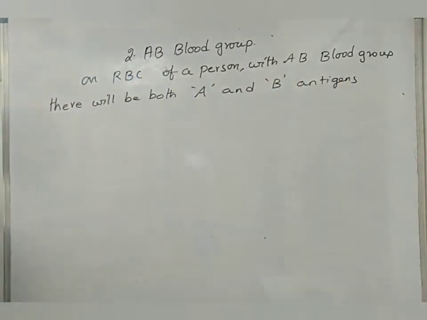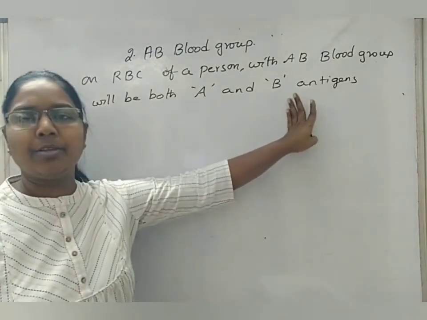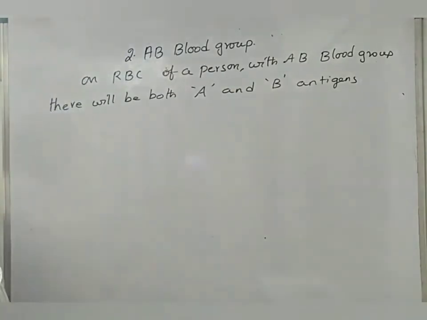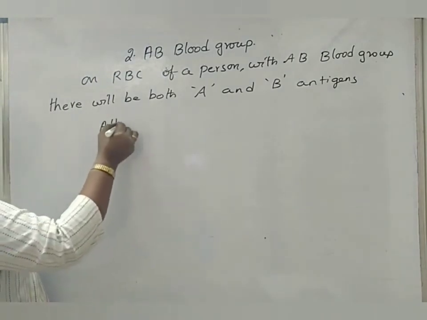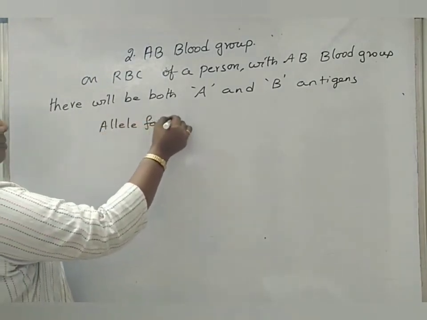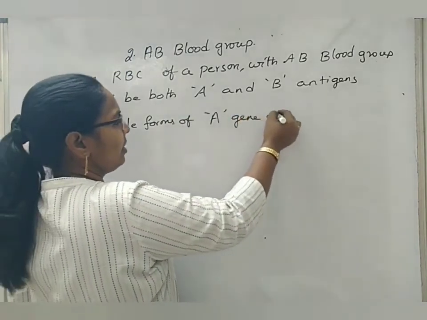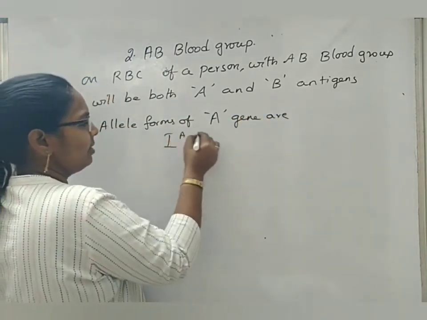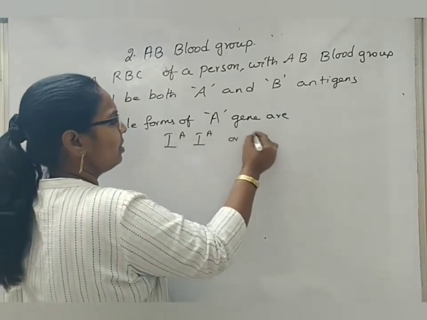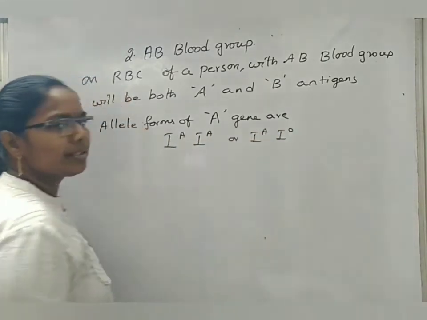Now, what are the genes or allele forms responsible for the expression of such antigens? The allele forms of the A gene can be homozygous or heterozygous.